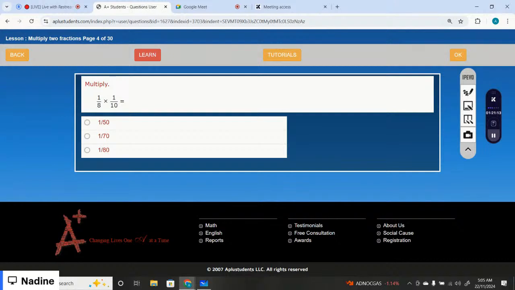1 by 8 times 1 by 10, which is the correct option? That is 1 over 80.